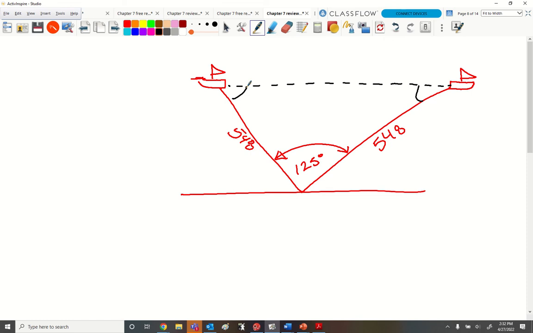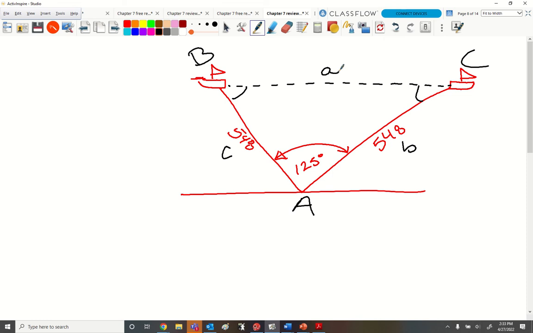So since I don't have ABCs and all my formulas are in ABCs, can I assign ABC to this? Yeah. So I'm going to call this one A, B, and C. So that makes this side over here on the left little c. On the right, little b. Straight across is little a.